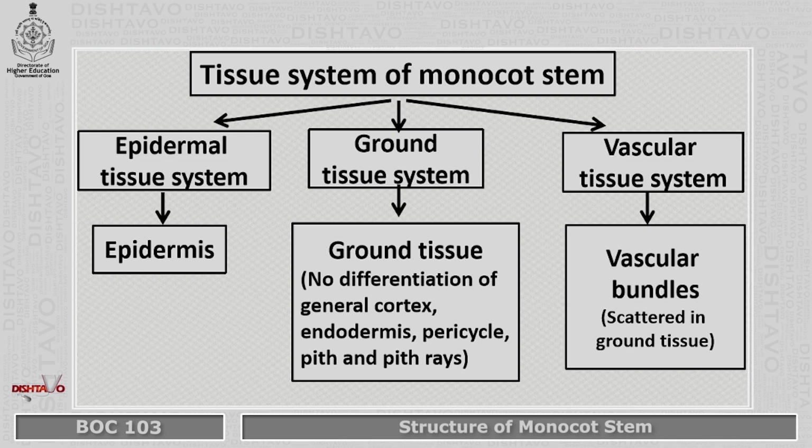Ground tissue system consists of ground tissue. In ground tissue, we see some layers of hypodermis, but no differentiation of general cortex, endodermis, pericycle, pith and pith rays is seen. Vascular tissue system consists of vascular bundles. These vascular bundles in monocot stem are scattered in ground tissue.